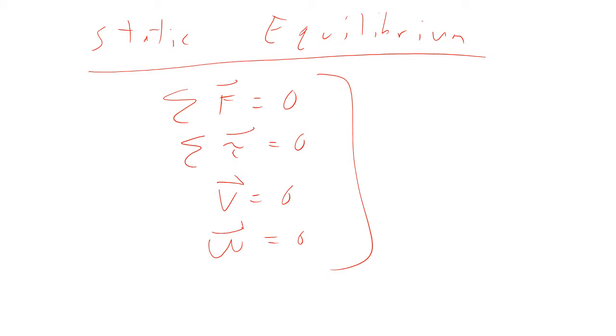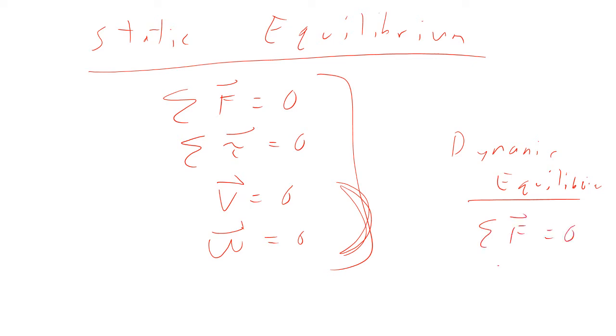In other words, it's in equilibrium and it's not moving. Okay. If we take away these two constraints right here, if we don't have those, then that would be dynamic equilibrium. So dynamic equilibrium is a little bit less restrictive. Here, the sum of the forces is 0 and the sum of the torques is 0, but it could be moving.